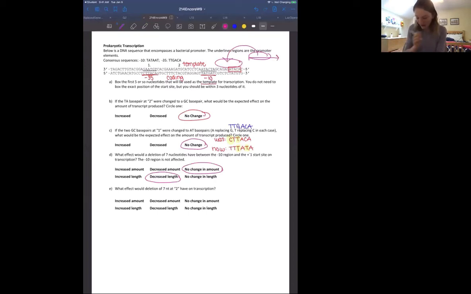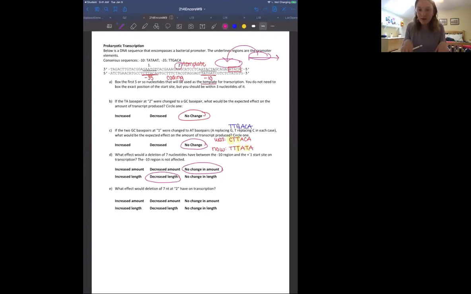Okay, so what would the effect of a deletion of 7 nucleotides at 2 have on transcription? Like I said before, the spacing between the -35 and the -10 is important. So if we delete 7 nucleotides at region 2, which is between the -10 and the -35, it's going to reduce RNA polymerase's ability to touch down on that site.